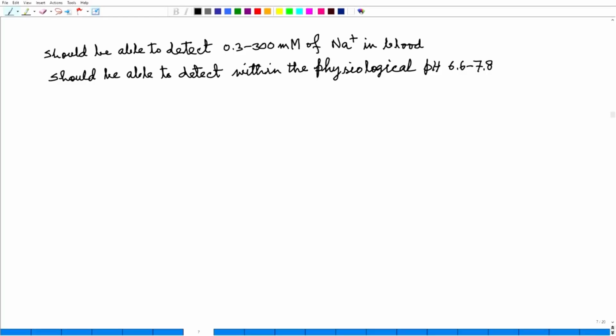Okay. And finally, sodium should be able to detect preferentially over lithium and potassium.